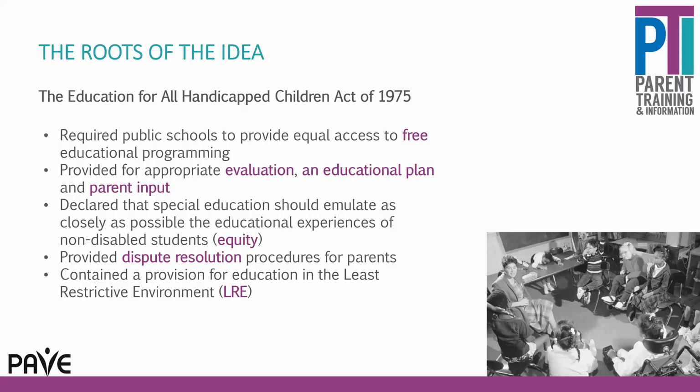It's helpful to know some of this history to learn the unique vocabulary of special education. Since 1975, students with disabilities have been entitled to a free public education specialized to meet their needs.